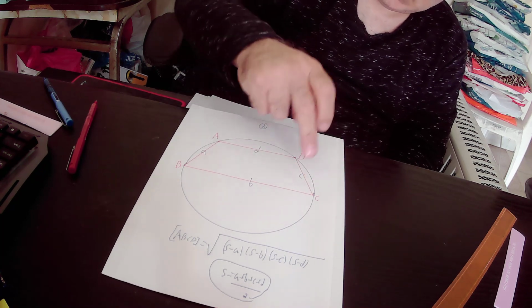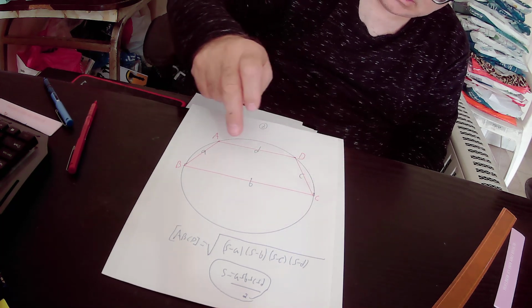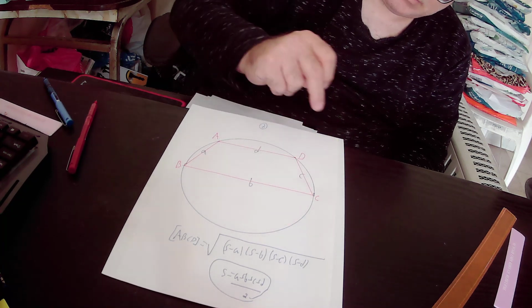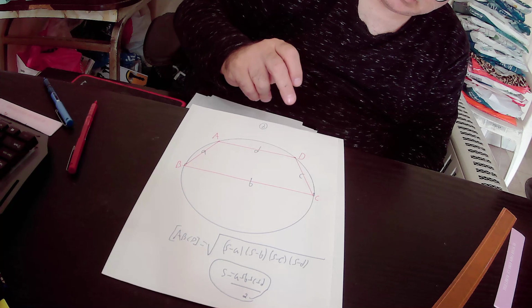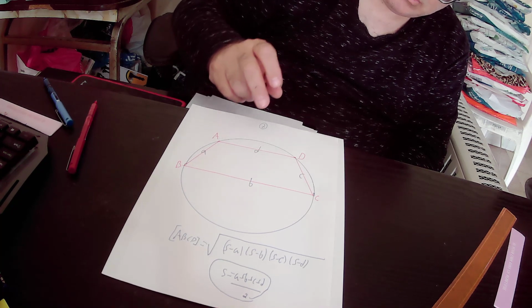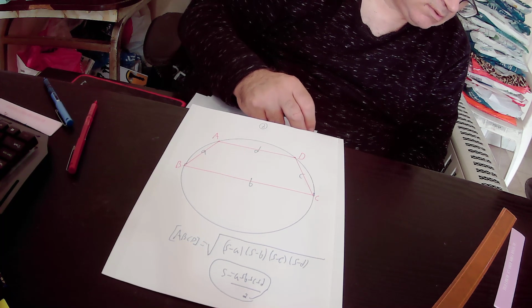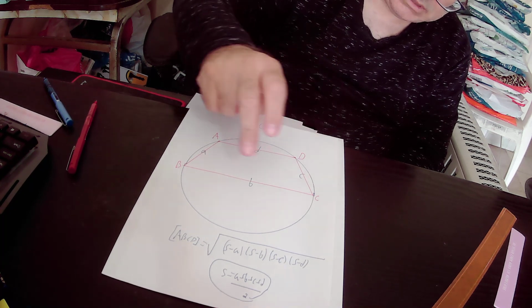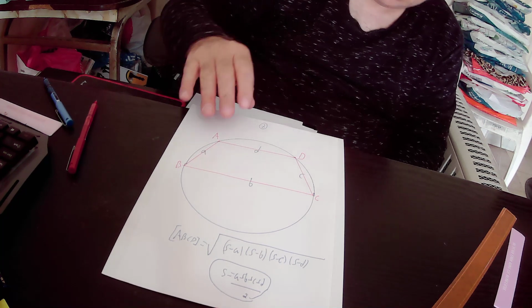Again, A, B, C, and D are the lengths of the quadrilateral's sides, and S equals (A plus B plus C plus D) over 2. And again, I will emphasize that rule number 1 is true only for quadrilaterals that are inscribed in a circle, like in this drawing.